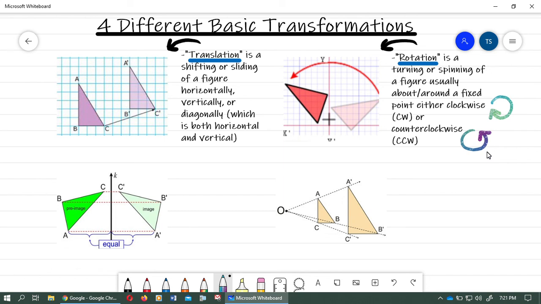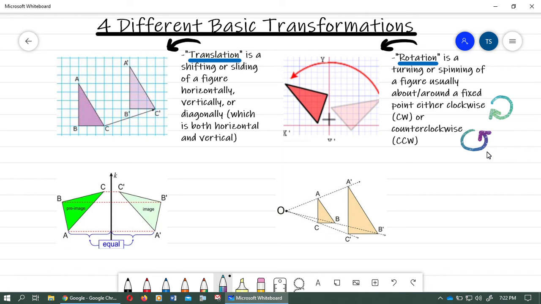And so you might be saying, "Okay, it looks like this green triangle is being flipped over that line." Mr. Starkey, this is just this triangle being flipped over something. Okay, now, guys, flipped over is not really a technical or formal name. The formal name for this transformation is a reflection.